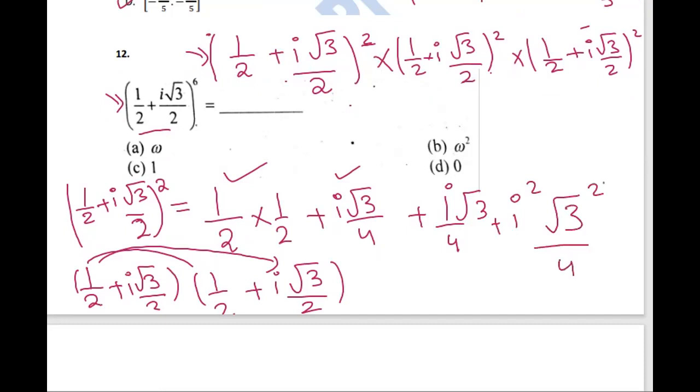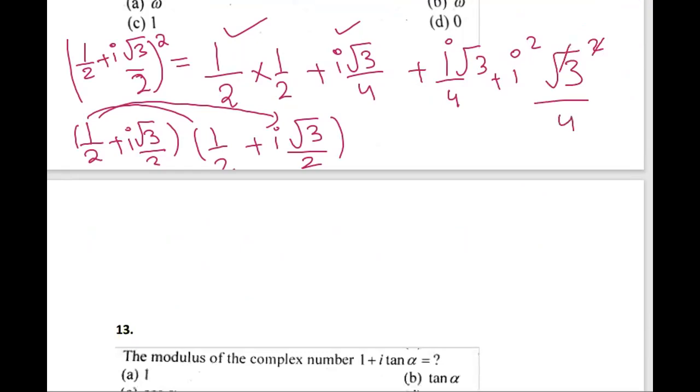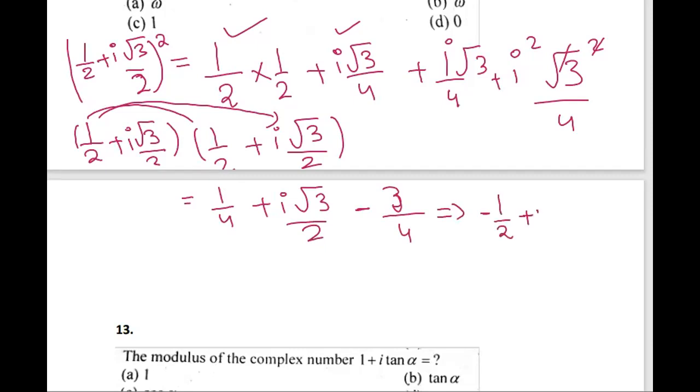So here this and this would be cancelled, and if I simplify I will get 1 by 4 plus iota under root 3 by 2 because we have it twice, minus 3 by 4. So this is basically minus 1 by 2 plus iota under root 3 by 2.